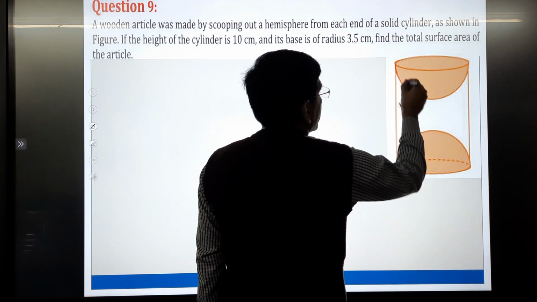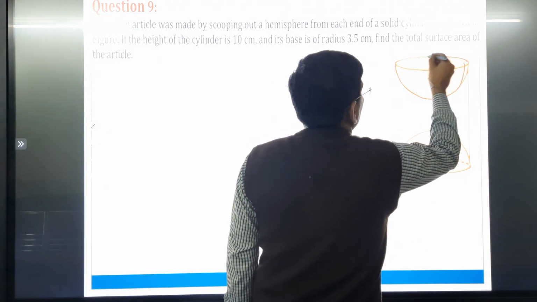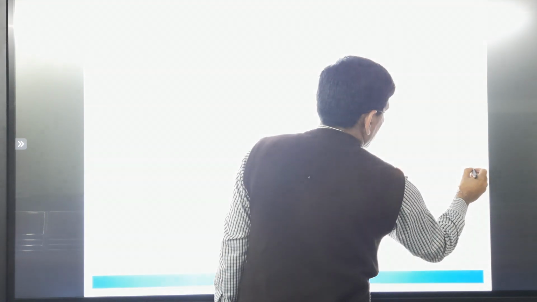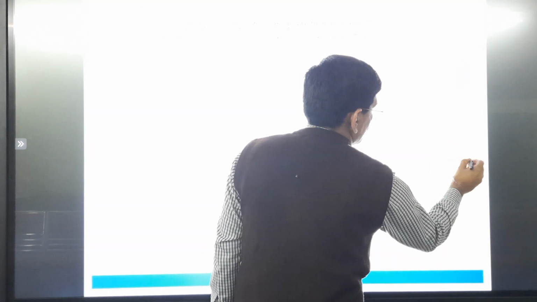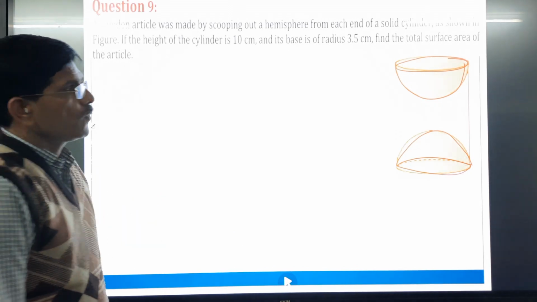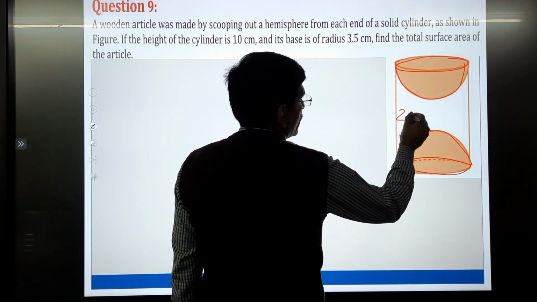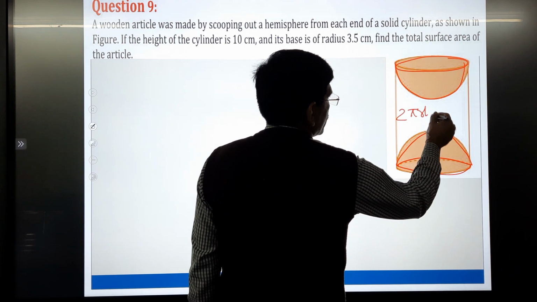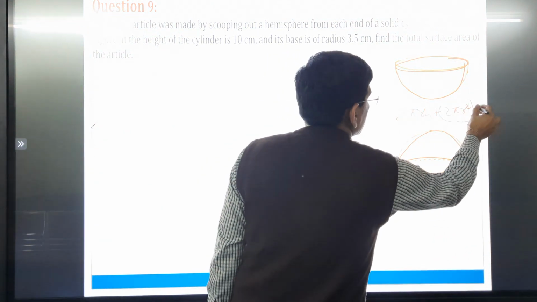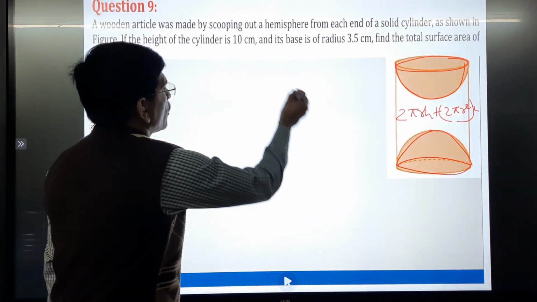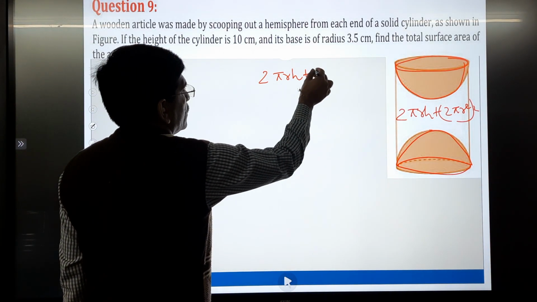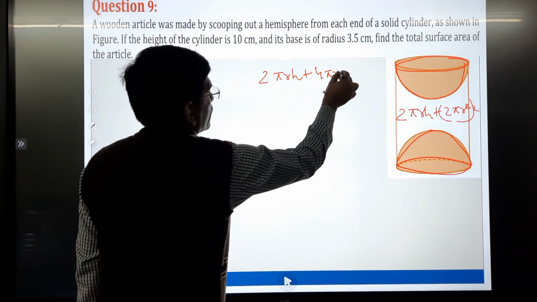So if you see here, one cylinder with a hemisphere and another hemisphere. So two hemispheres here with one cylinder, that is 2 pi RH plus 2 pi R square, but twice. So the simple formula is 2 pi RH plus 4 pi R square.